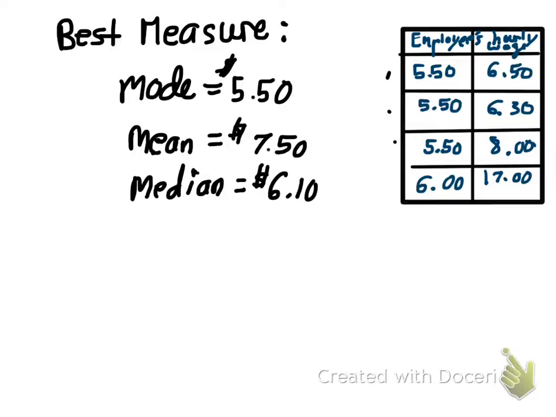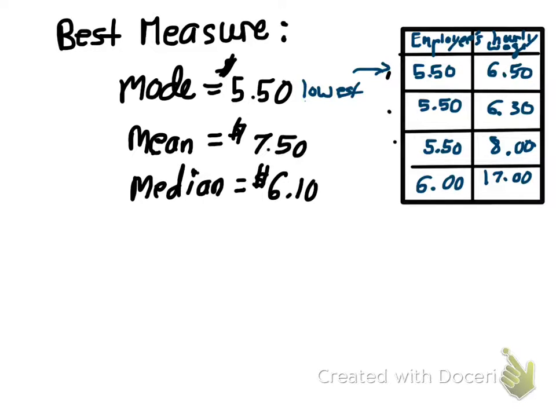So those are our measures of central tendency. The question is, what do these numbers tell us about the employees' hourly wages? The mode is the lowest wage listed, so it doesn't really describe the central tendency because it's the lowest in our set of data.